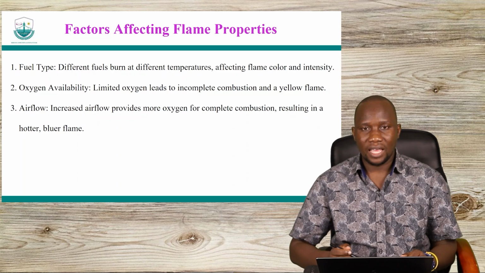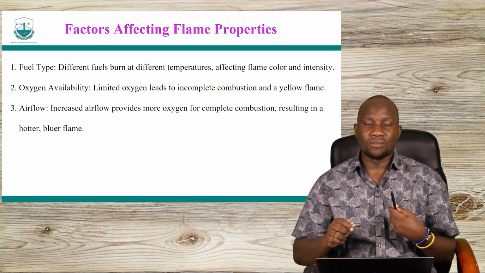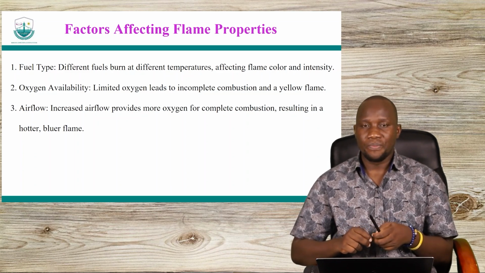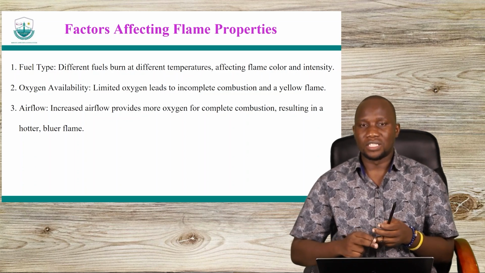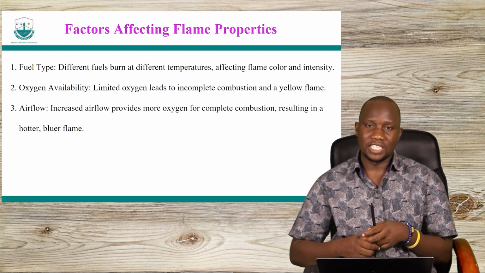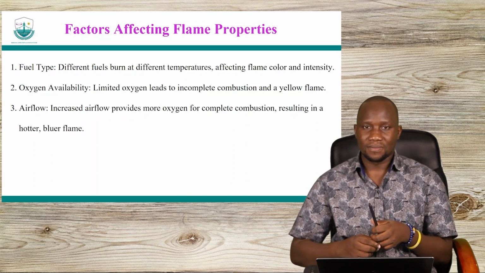Okay, so that marks the end of this presentation, where we have looked at the different flames, where we have seen the characteristics in relation to the energies that they produce. Light energy and heat energy are produced, but if we have complete combustion, you have more heat energy than light energy. If you have incomplete combustion, you will have more light energy than heat energy. Thank you.